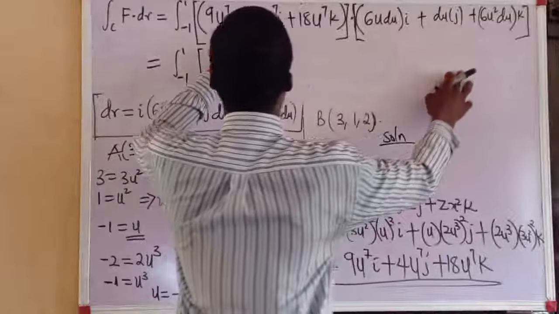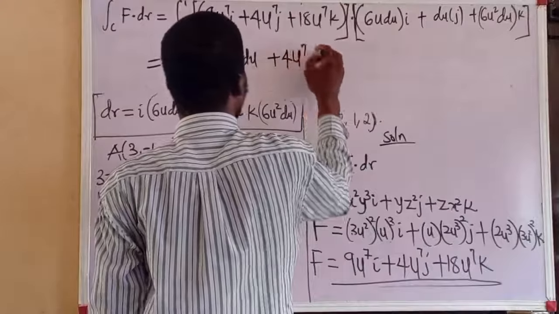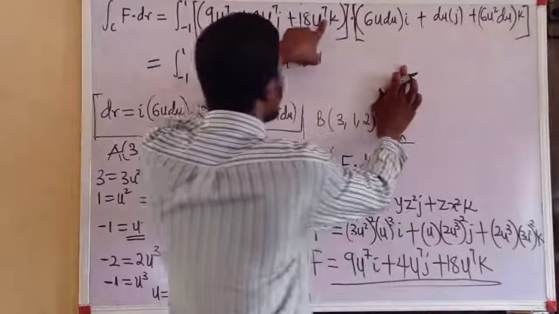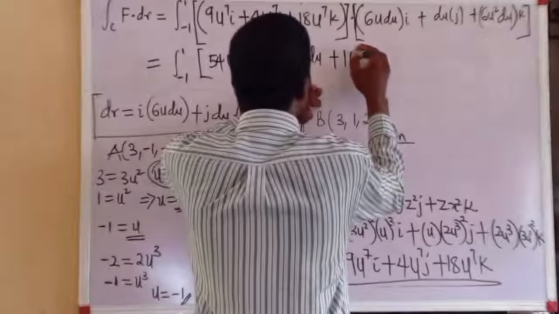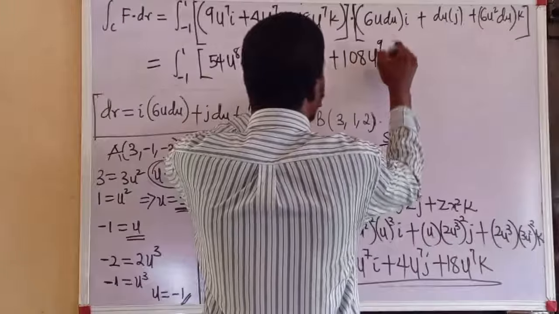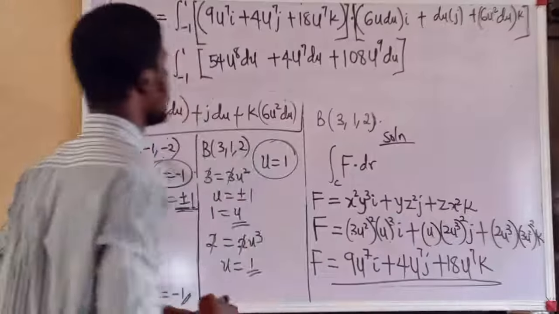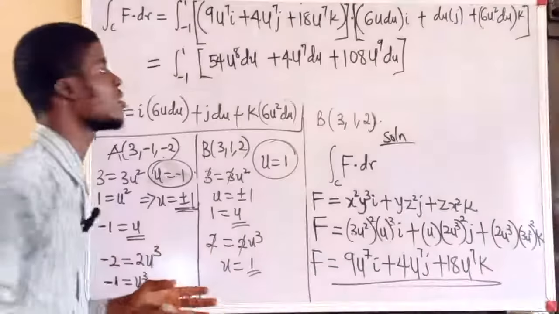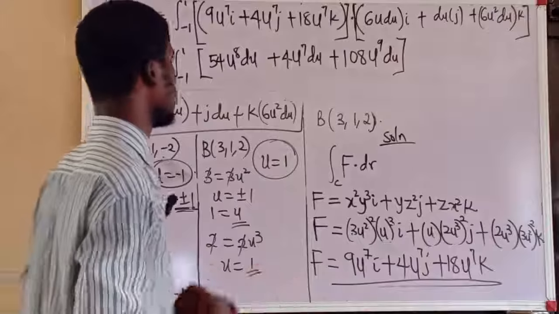For j, 4u to the power of 7 times du, that's 4u^7 du. For k, 18u to the power of 7 times 6u squared du, that's 108u to the power of 9 du. I have a video for scalar product or dot product of vectors, so you can watch to understand in detail how to perform scalar products of vectors.